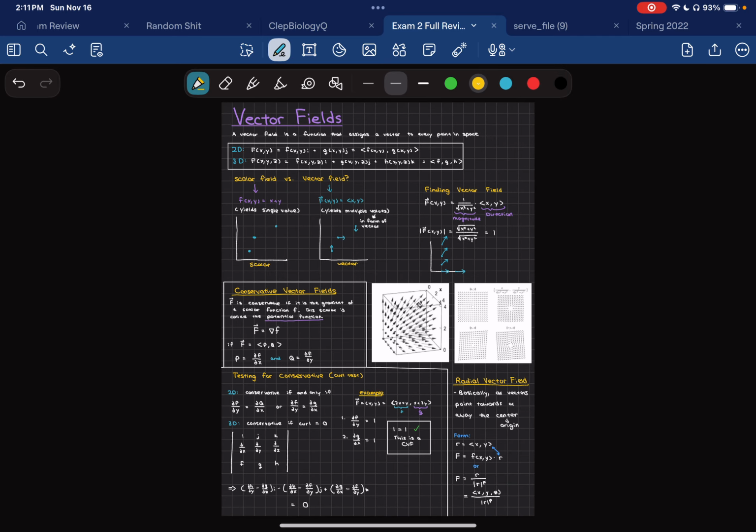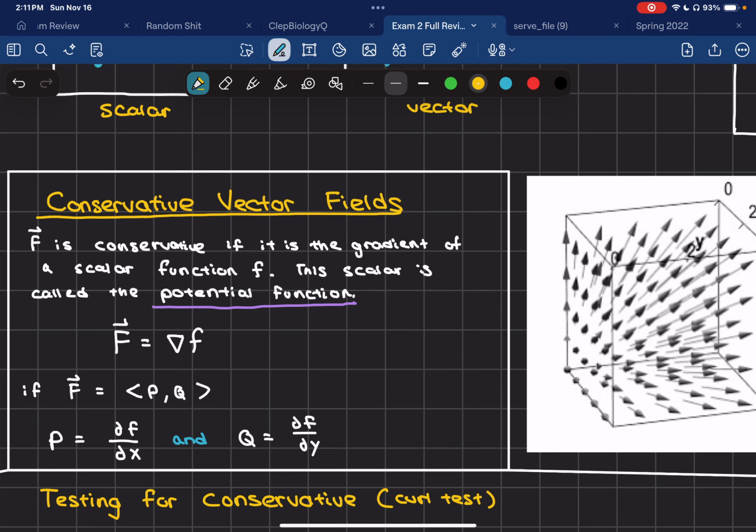Okay, let's go into conservative vector fields. A vector f is conservative if it is the gradient of a scalar function f. This scalar function f is what we will in the future call the potential function. So here's how you'd write it out.